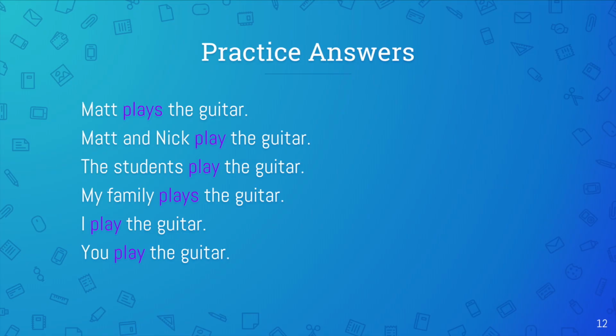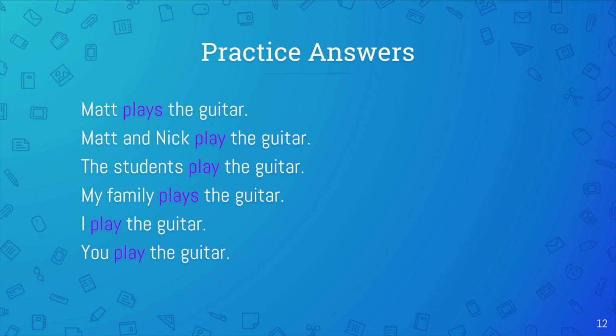Here are your answers. Matt, that is one person, that is singular, so you use the singular verb plays the guitar. Matt and Nick, two people, we treat that as being plural, so you use the plural verb play. The students, that is obviously plural, so you use play.